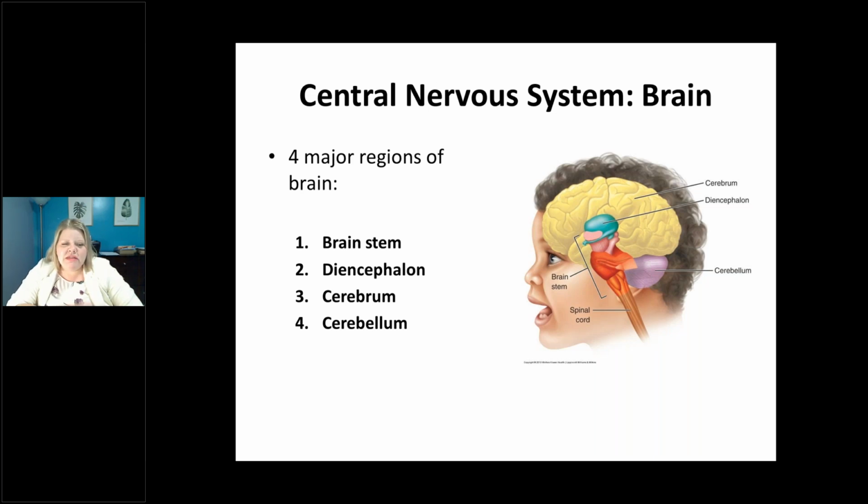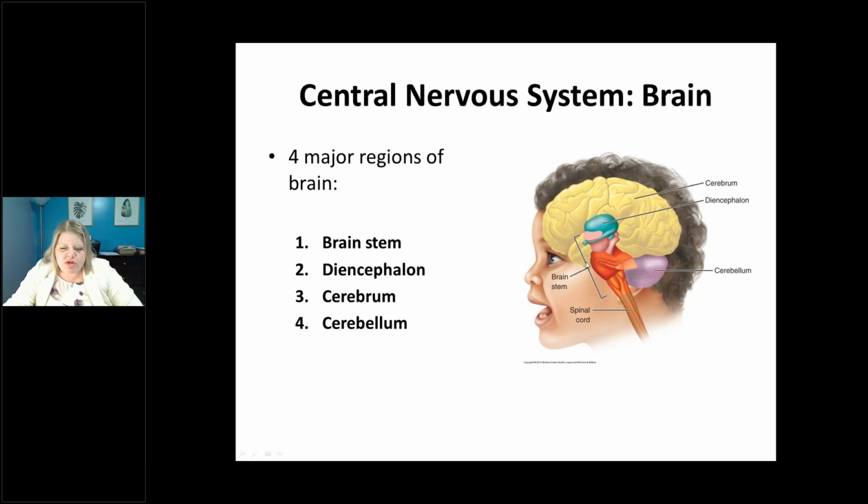So the brain has 4 major regions that you need to know. One is the brainstem, 2 is the diencephalon. The brainstem is an extension of the spinal cord, it's like our primitive brain. The diencephalon sits right on top of that, it's like a relay center.